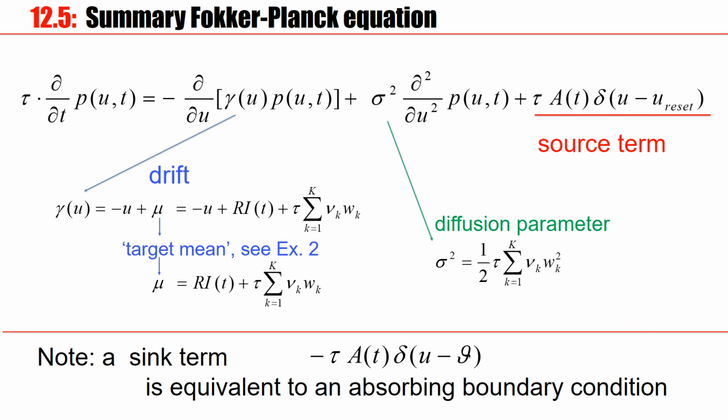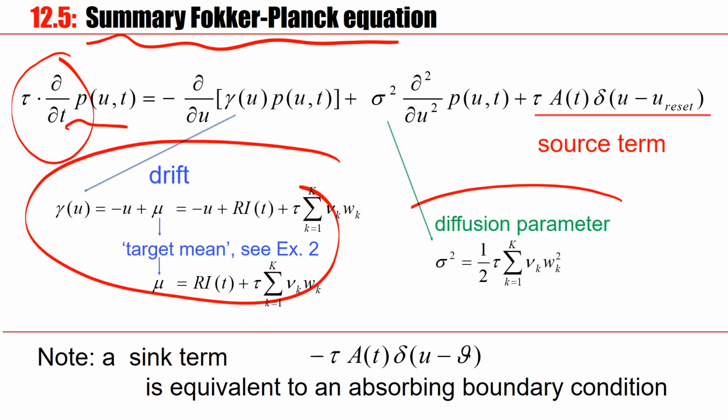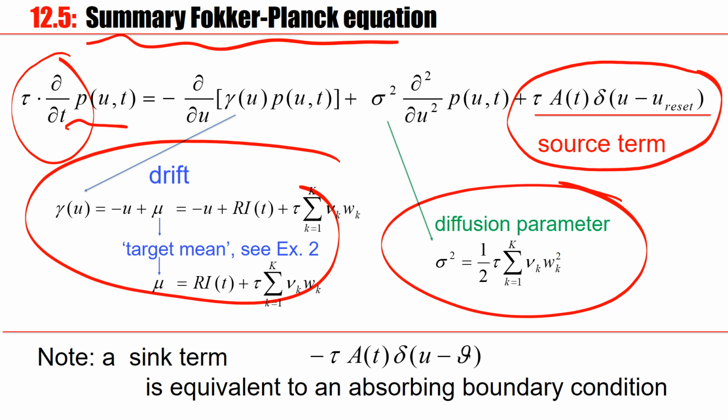To summarize, the Fokker-Planck equation is useful. It describes distribution of membrane potential. You can do this as a function of time, not just a stationary regime. We can say, okay, there's a typical drift, there's a typical diffusion effect, and then we have a source term due to the reset.